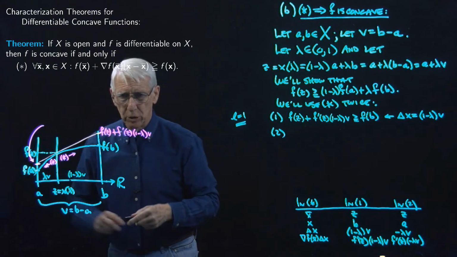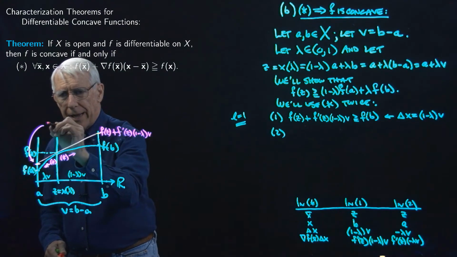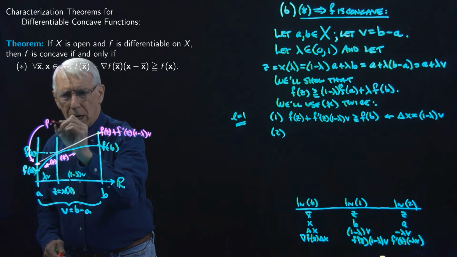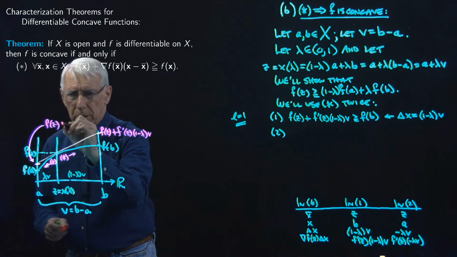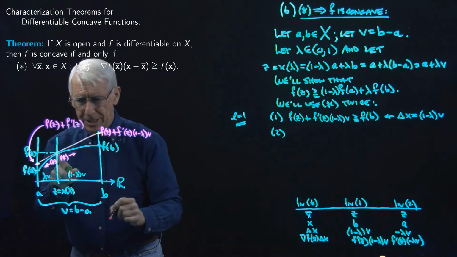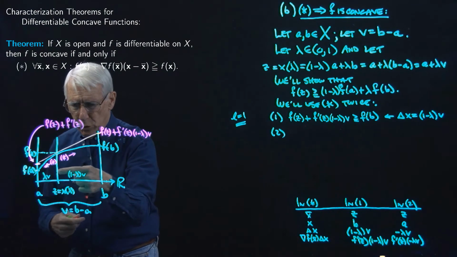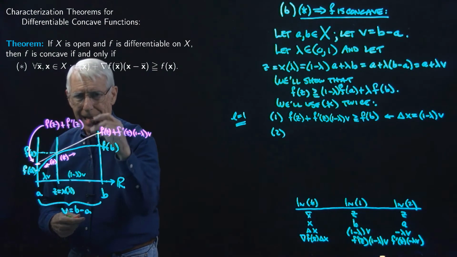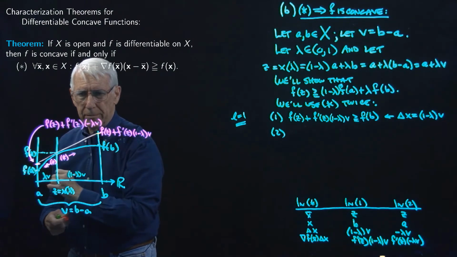So coming back over here, then doing the same thing we did here, we have f of z, value here, plus the derivative of f at z, telling me the slope of the orange line, times the movement away from z to get to a, which is minus lambda v.